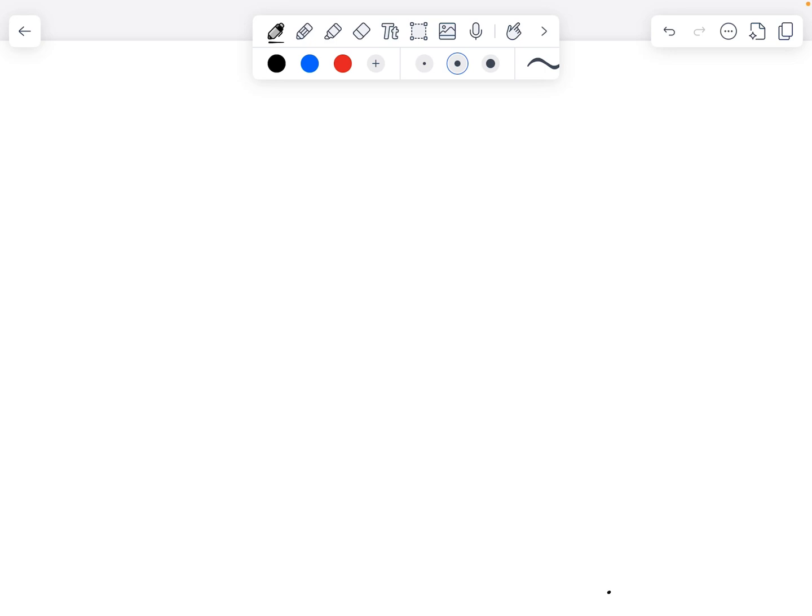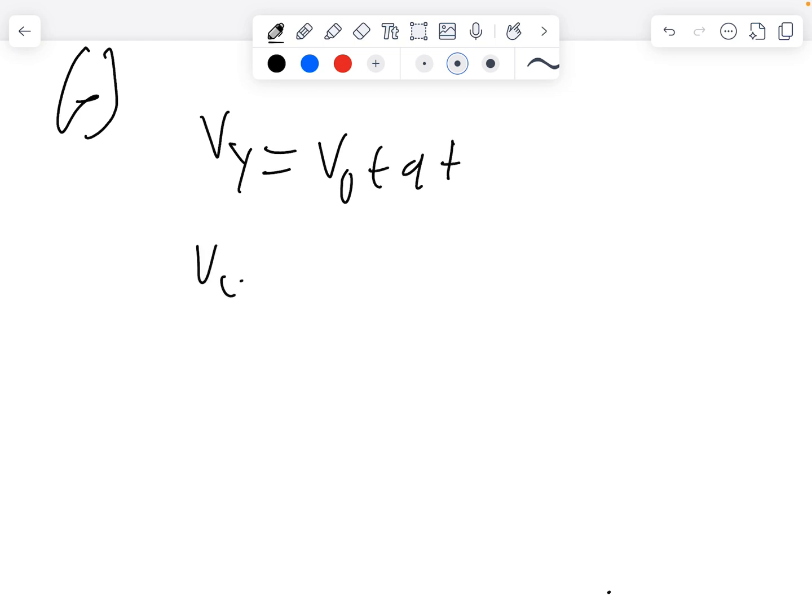Well, we didn't find the y component earlier, but this one is going to force us to use the velocity equation, which would be v y equals initial velocity plus gravity times time. So we're going to just do what we've been doing for the past few questions: plug in the numbers we do know.